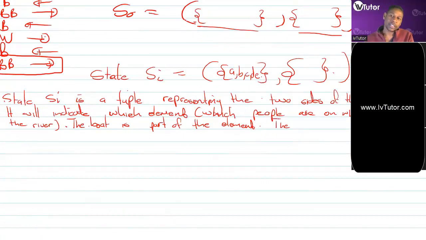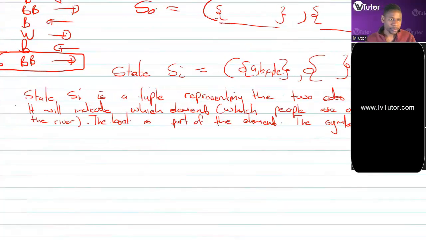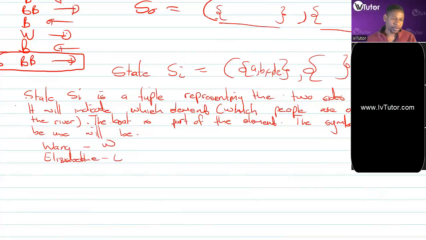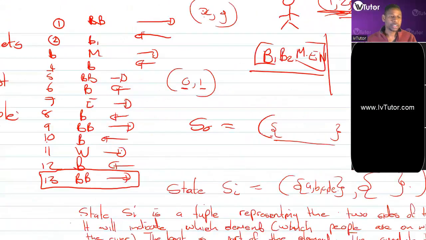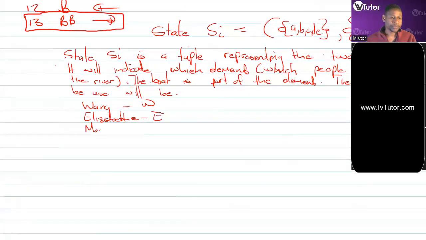Then we want to define it according to this. The symbols to be used will be, so now we're providing a key: there's W, there's Elizabeth, that would be E. There's Michelle, Moses, M. Boy 1, B1.